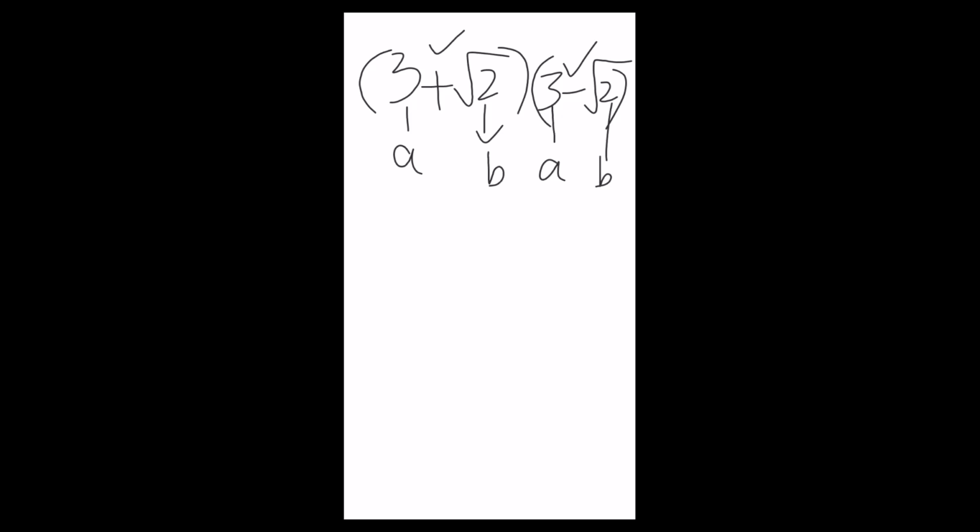Now, the second thing is that you're going to apply the formula. How do you identify the situation where you apply it? You see the operational signs, one time plus and one time minus. Did you get it?